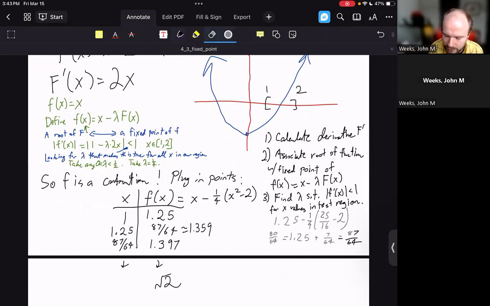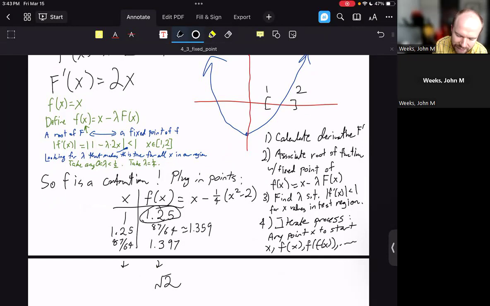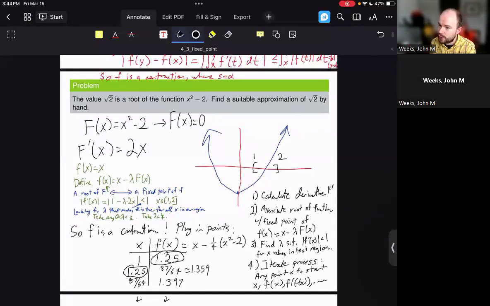And then finally, for step 4, iterate the process of finding any point x to start, and then plug in x, f of x, f of f of x, and so on and so forth, kind of making each f of x the new x value for the next step. Right? So that's our step-by-step that now allows us to associate roots of functions with this process of calculating the fixed point of a contraction.